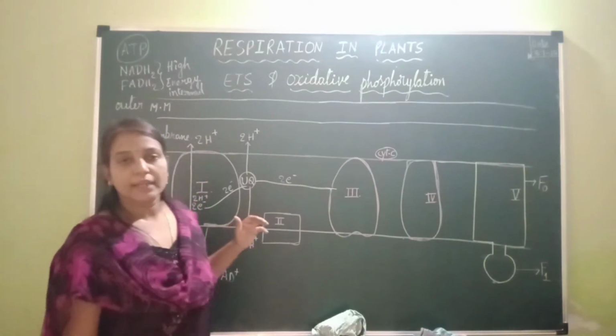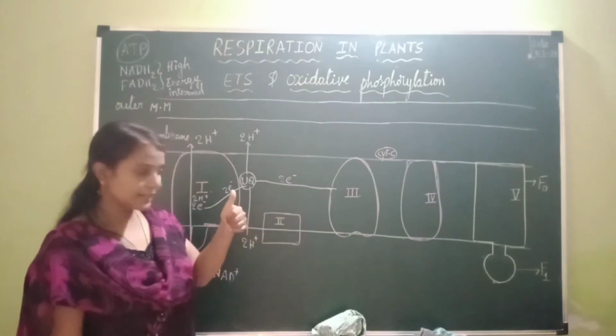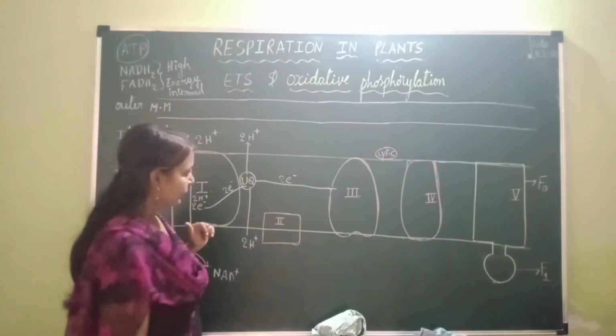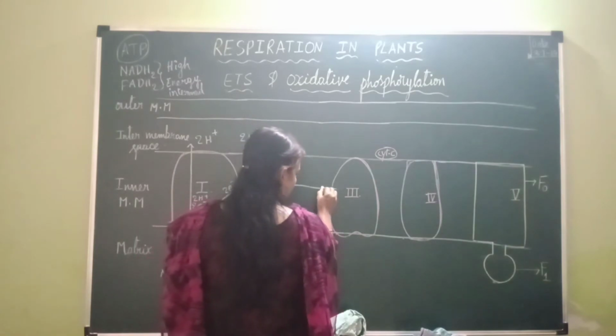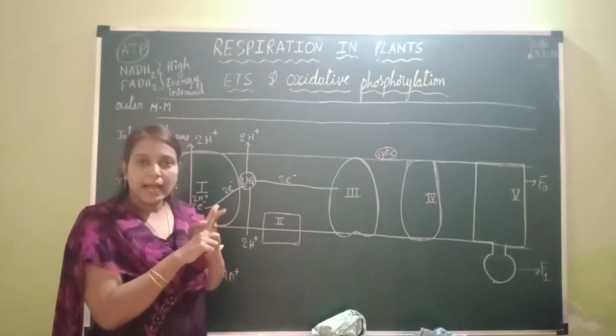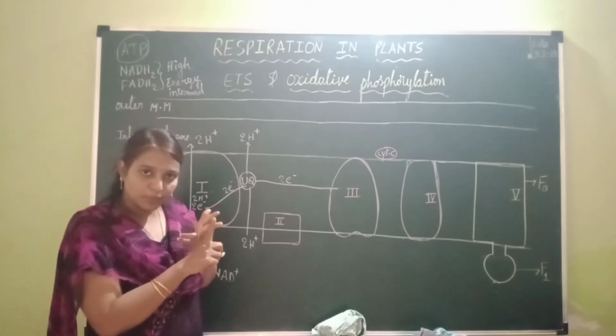What are the electron carriers present in the third complex? They are cytochrome B, FES, and cytochrome C1. These electrons enter first into cytochrome B, then into FES, and after that into ubiquinone.